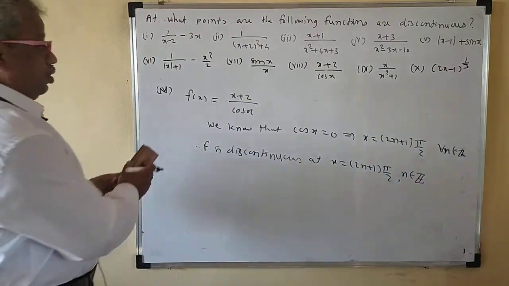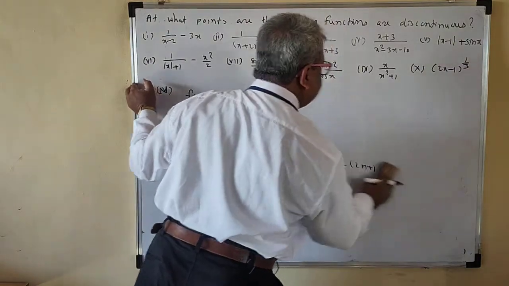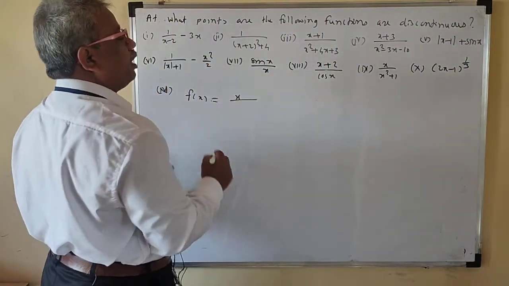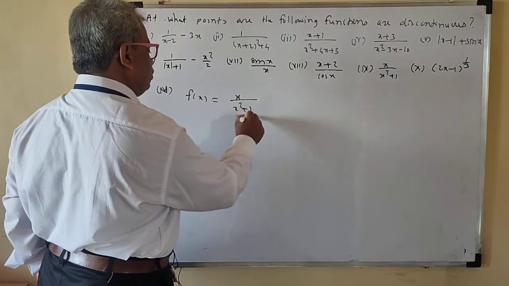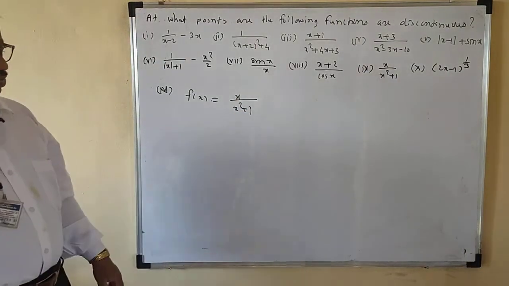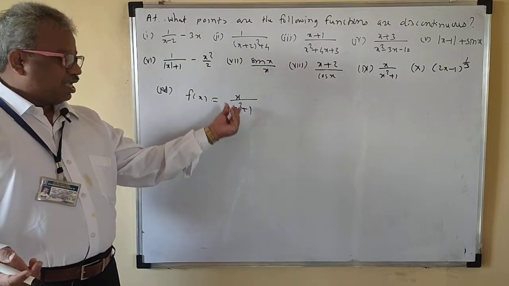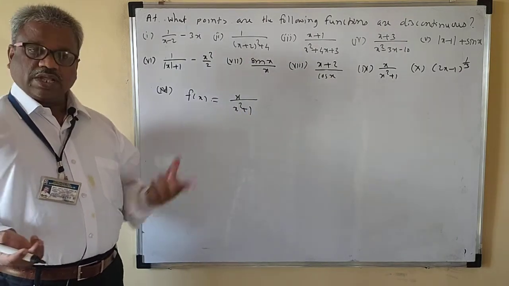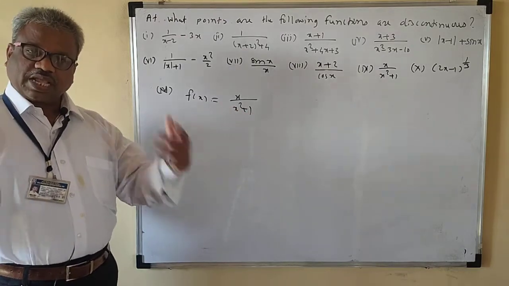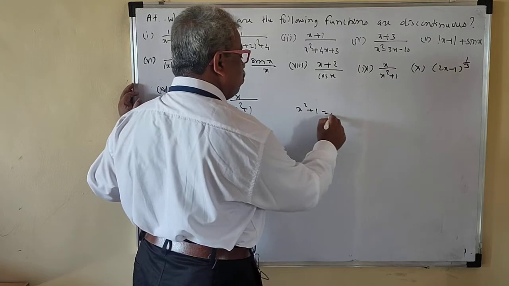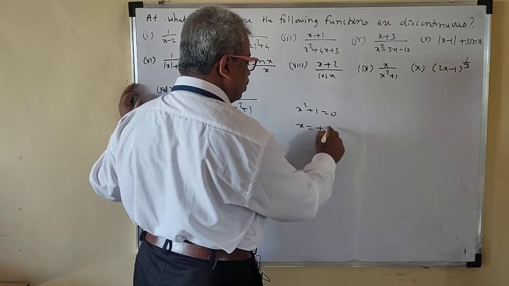Okay. Now x upon x square plus 1. Now see where the denominator is 0. So x square is positive, right? 1 is positive. So x square plus 1 is always positive. So we know that x square plus 1 is equal to 0 implies that x is equal to plus or minus i.